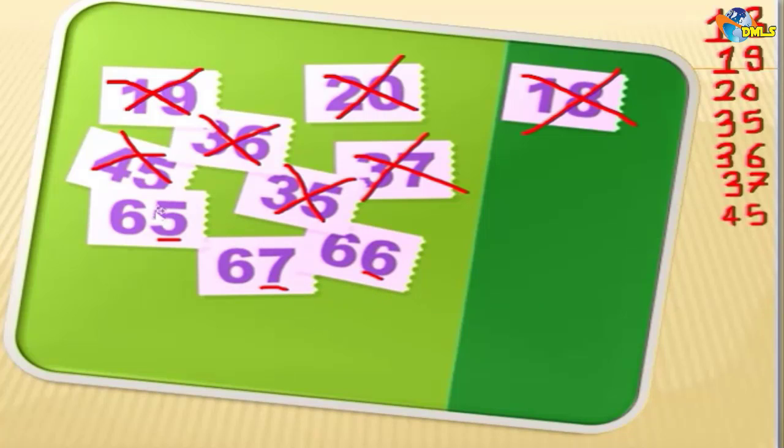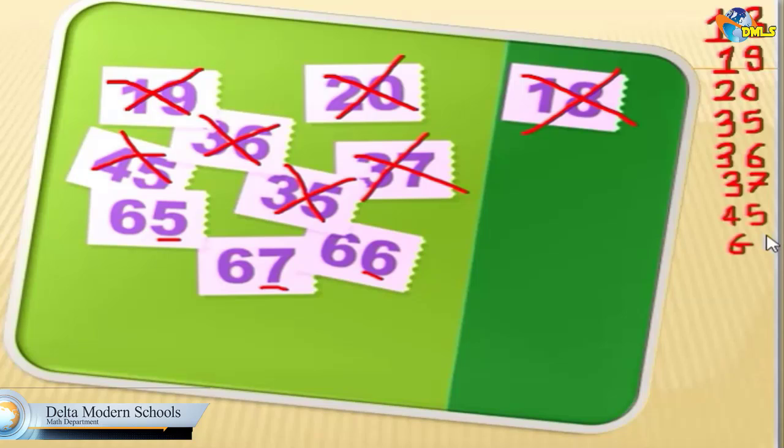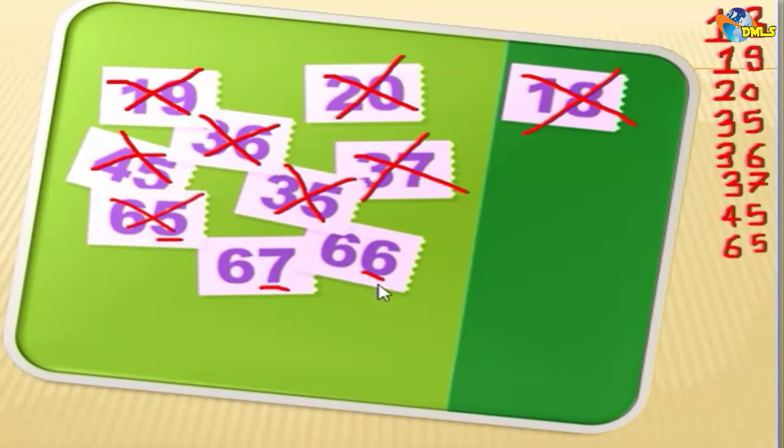Okay, what do you think? Which number is the smallest number here? We have, for sure, 65 is the smallest. Then, 67 or 66. We have 6 ones and 7 ones.